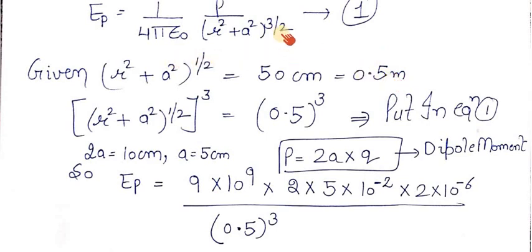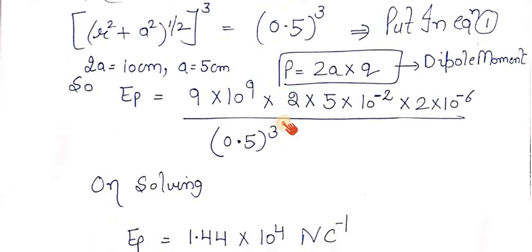Now you have to find the value of r square plus a square raised to power 3 by 2. But you have the value of r square plus a square raised to power half. So this bracket value is given to you, that means 0.5 meter. Just cube it, and you will get the value of this quantity. Put down the values and solve the numerical.